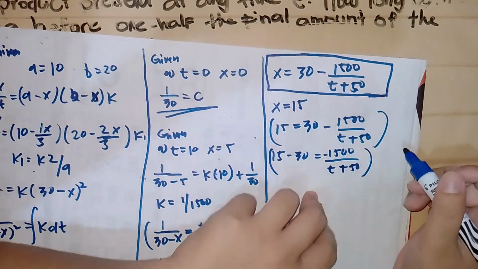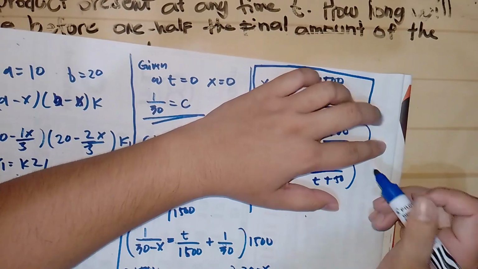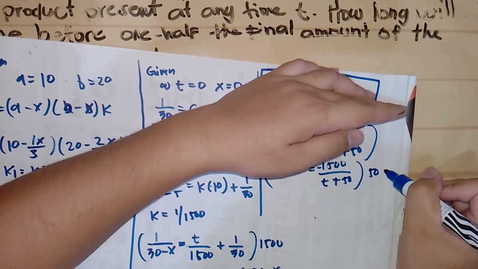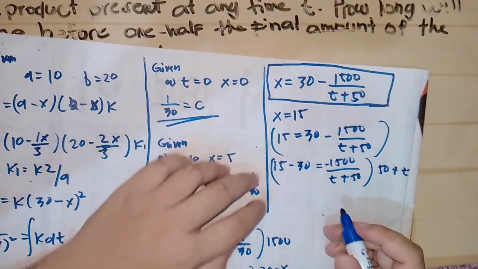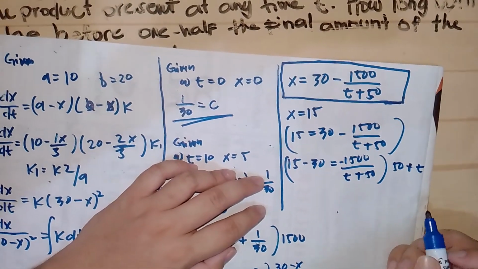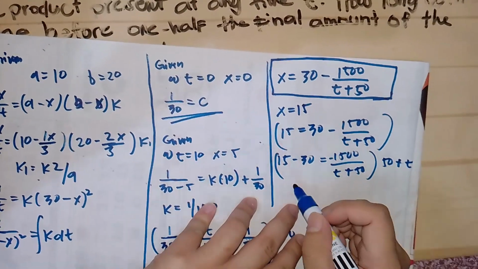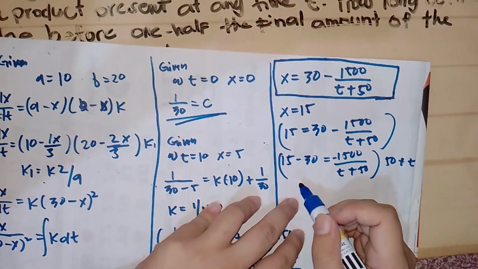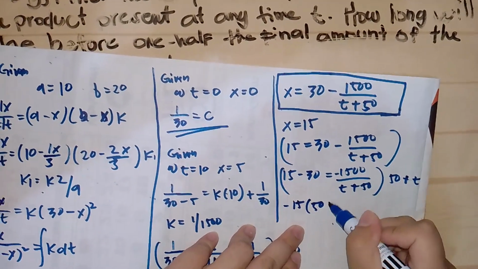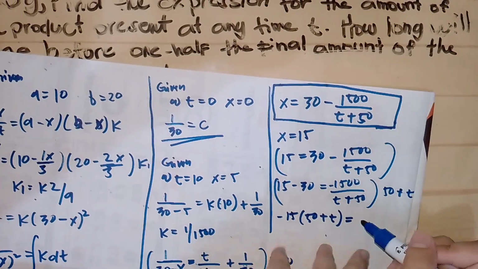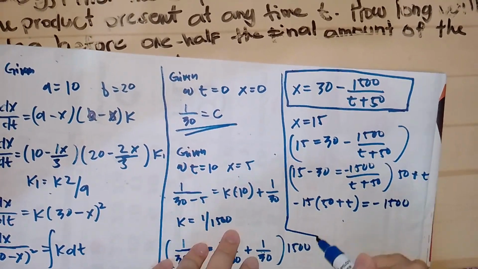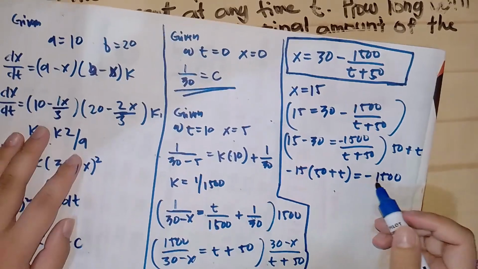And we multiply both sides by 50 plus t. So now we have negative 15 times 50 plus t is equal to negative 1,500.